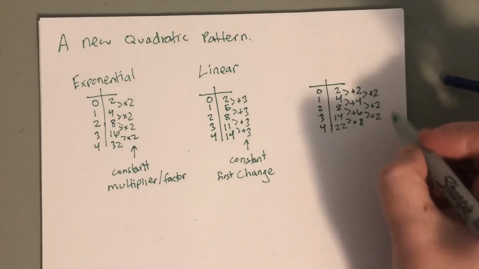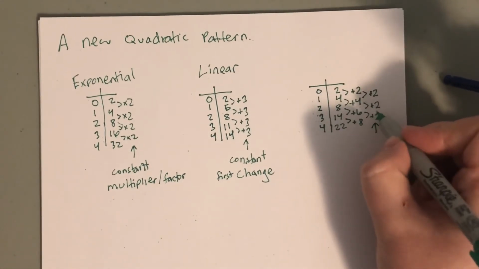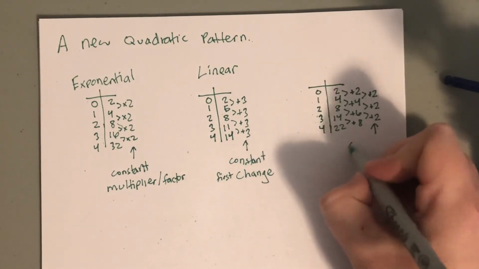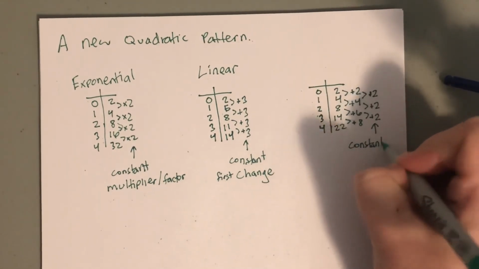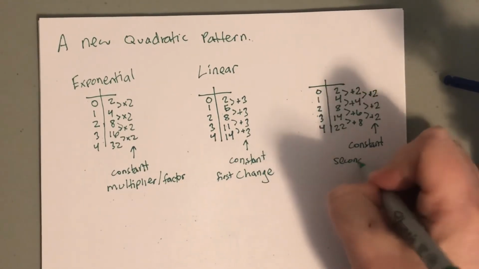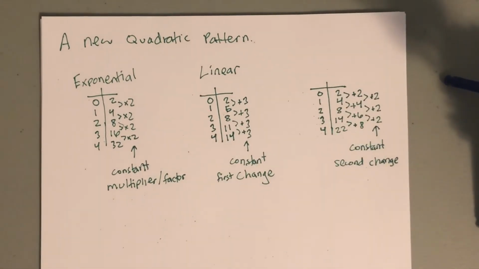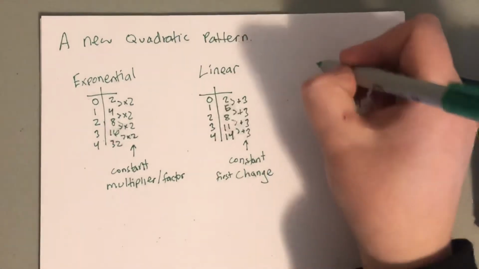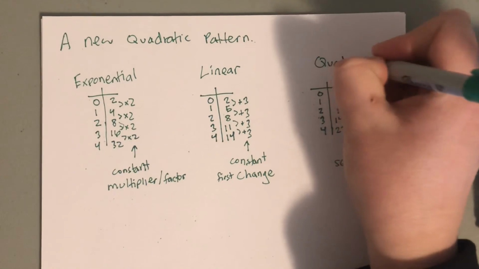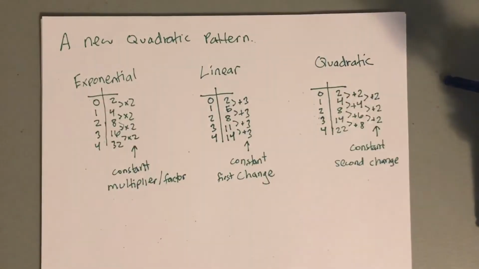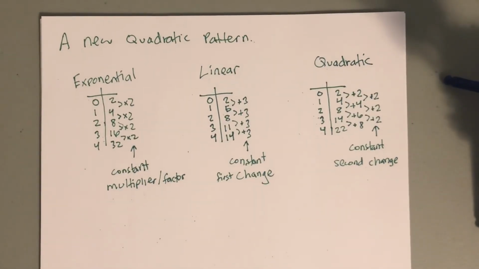And then this is like the change of the changes. We're going to call that the constant second change. And if the second change, the change of the change, is constant, then we know that it is a quadratic function.